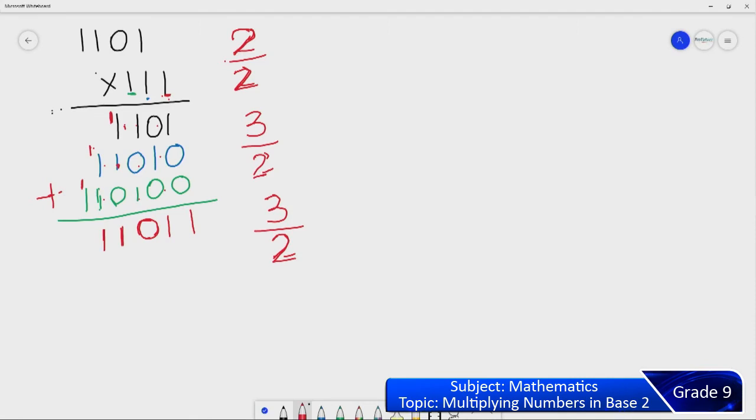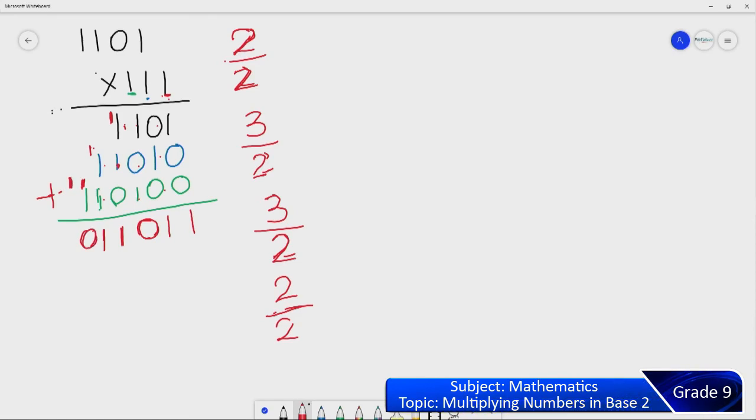So the final column that we have to add, we have the one that we brought over plus the one that was already there, and that gives us 2. Put the 2 outside, divided by 2, and that gives us 2 into 2, 1. How many remainders? No remainder.